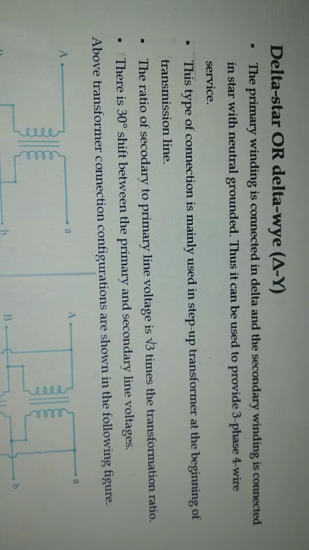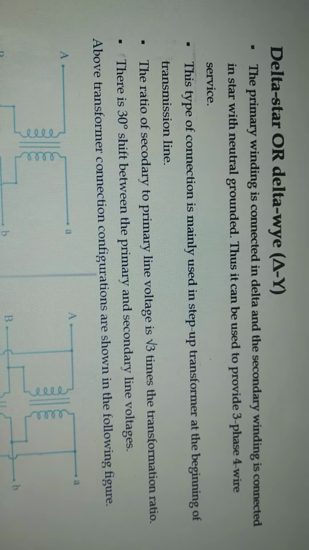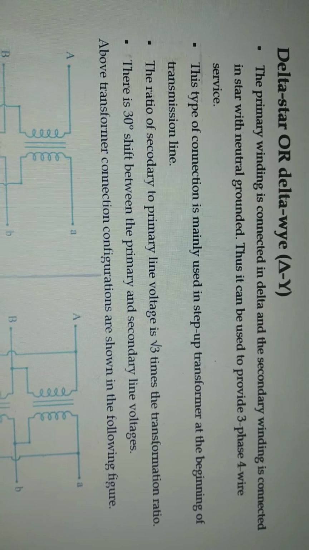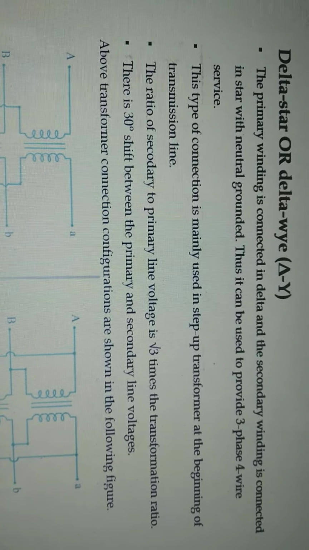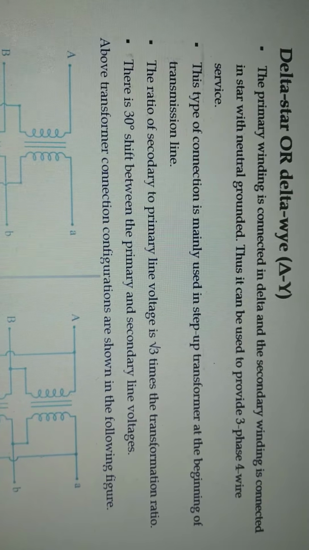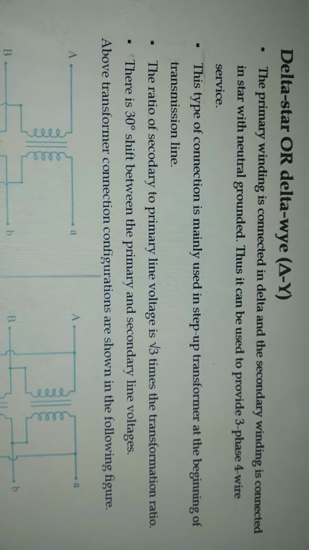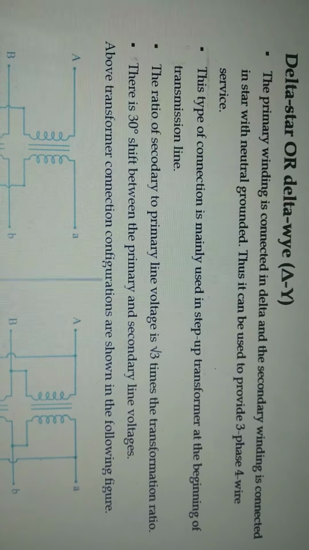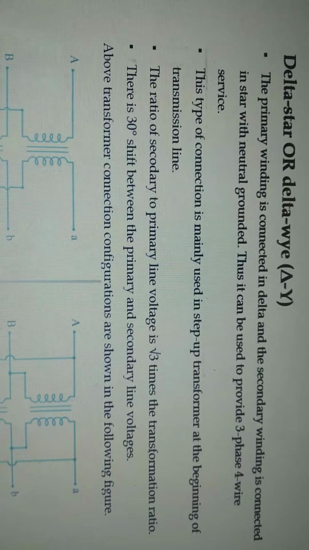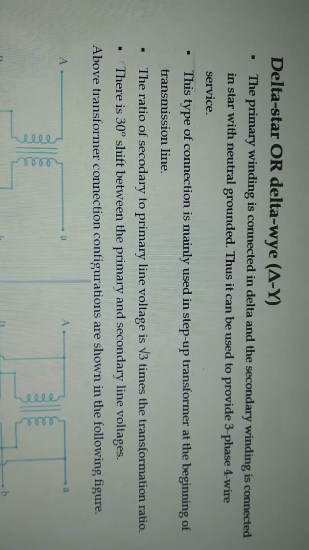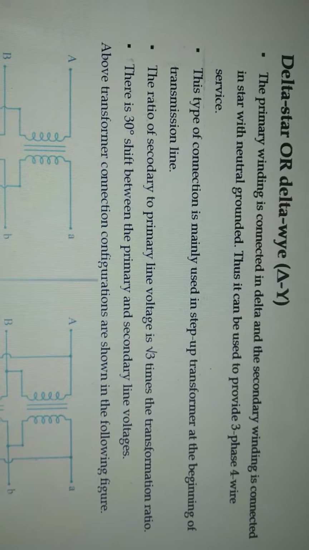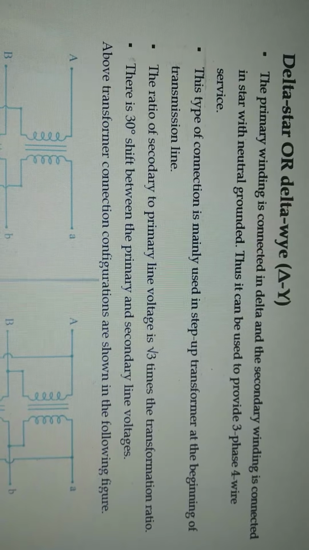This type of connection is mainly used in step-up transformers, which we find in generating stations as generating transformers, means at the beginning of transmission lines. The ratio of secondary to primary line voltage is √3 times the transformation ratio. There is a 30 degrees shift between the primary and secondary line voltages.